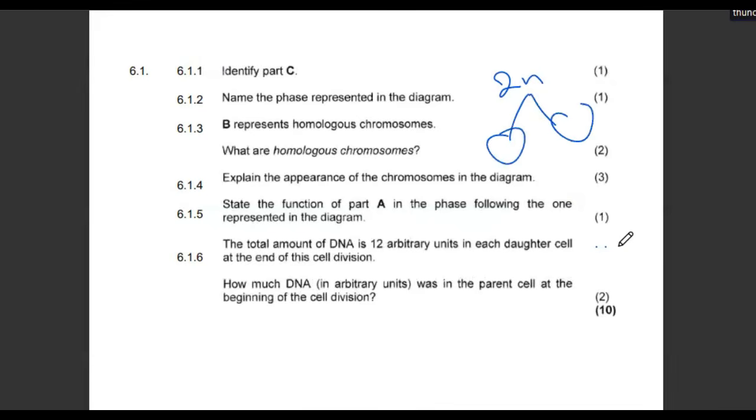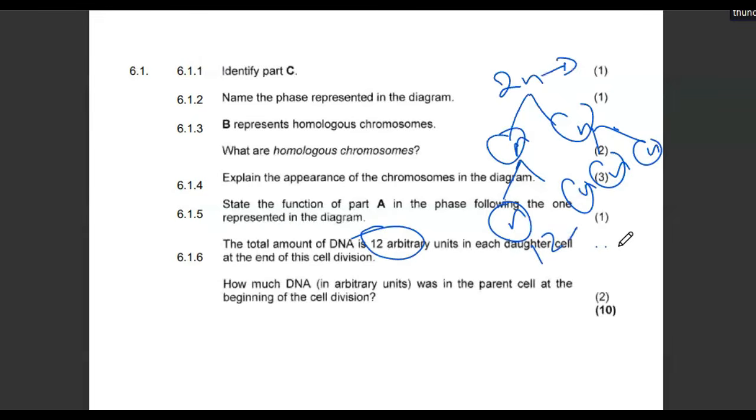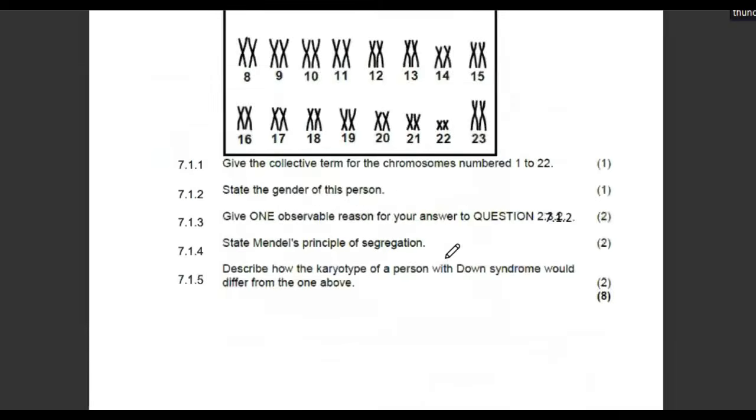You form two cells, 1n, then you form another two cells. So if your daughter cells have 12 here, to get the parent you multiply by 2, which is 24. So the answer is going to be 24 DNA units. Don't forget to put the units as they are given to you.